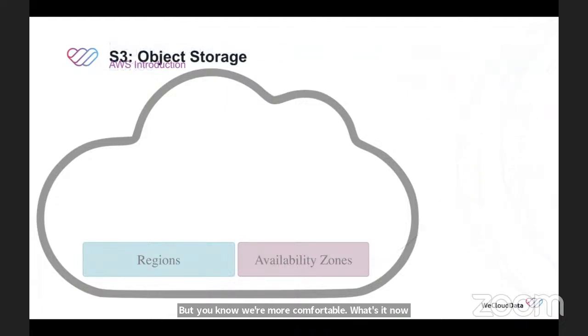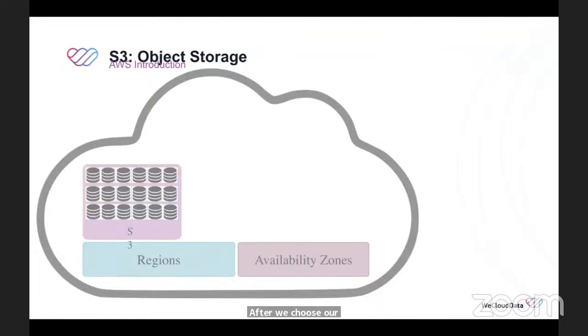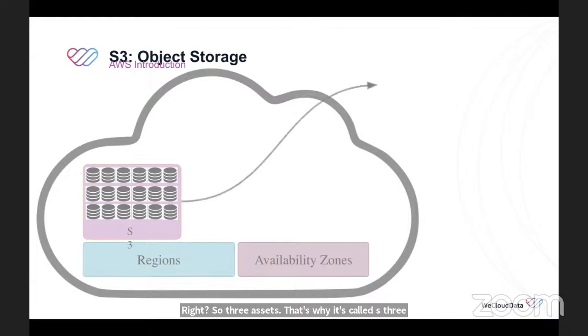After we choose our zones and our regions, we have to make our stores. In AWS, it's called S3, and S3 stands for Simple Storage Service. So three S's, that's why it's called S3. The way that S3 works, each S3 is called a bucket.